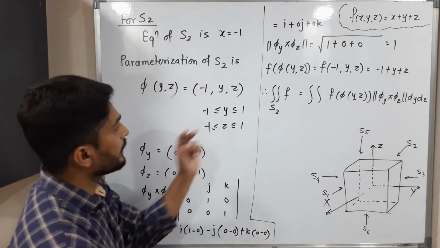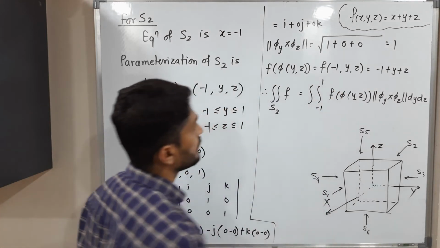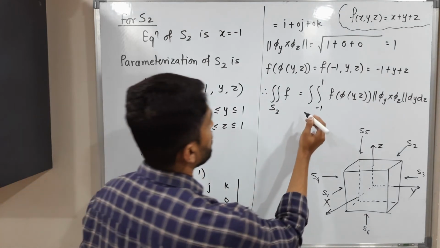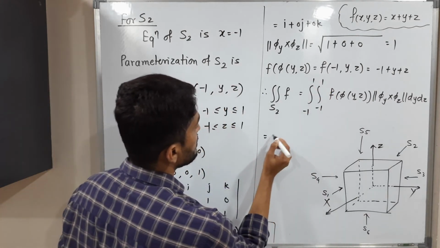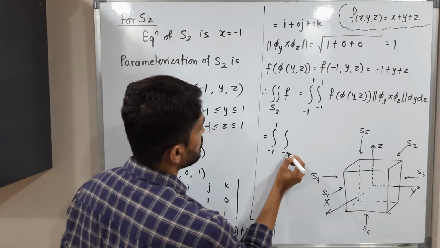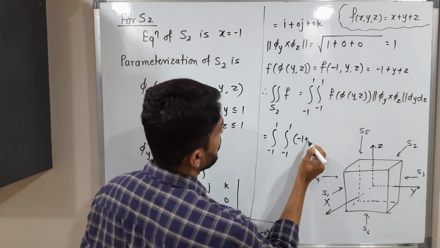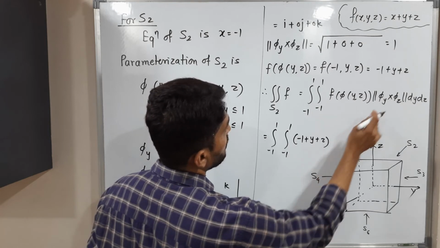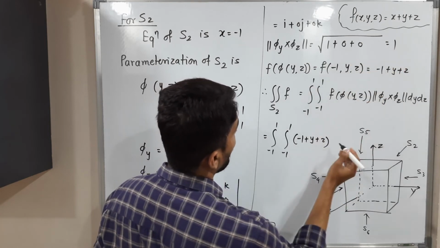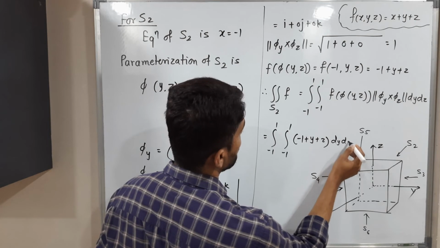The limits of y are -1 to 1, and the limits of z are -1 to 1. So this is equal to the integral from -1 to 1, from -1 to 1, of f of phi of yz, whose value we have calculated, -1 plus y plus z, times the value of the norm, which is 1, dy dz.